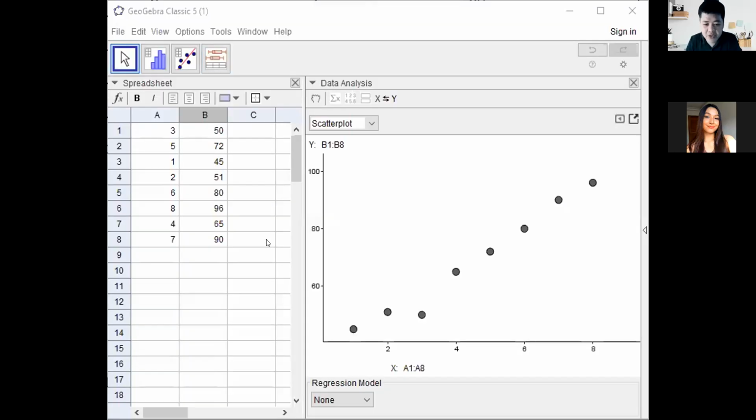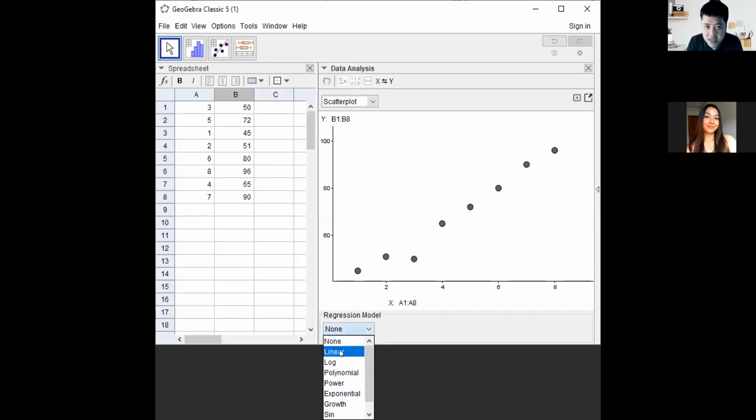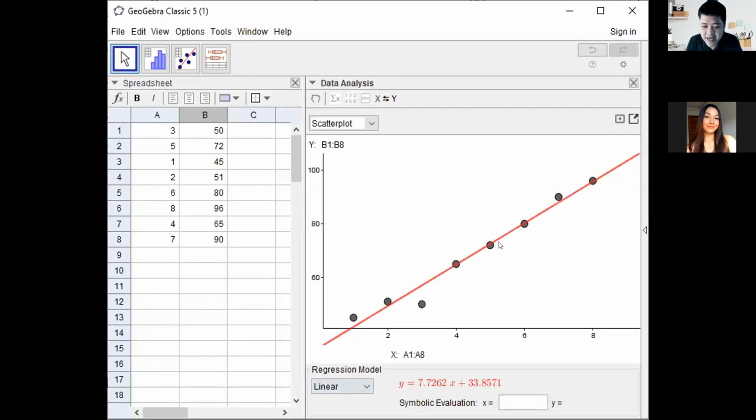Let's go to GeoGebra first. Sa GeoGebra, ito yung scatter plot natin. You can go to the regression model. So, if you click linear, ito yung line natin. Okay? So, tama yung na-compute nyo.